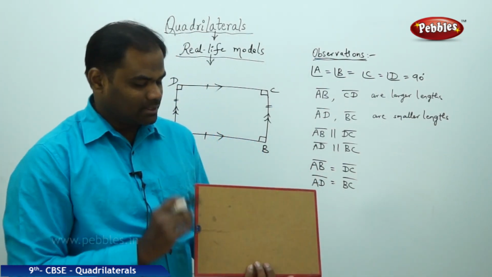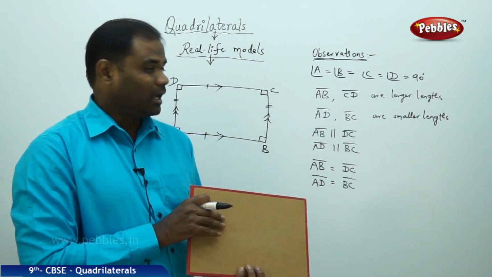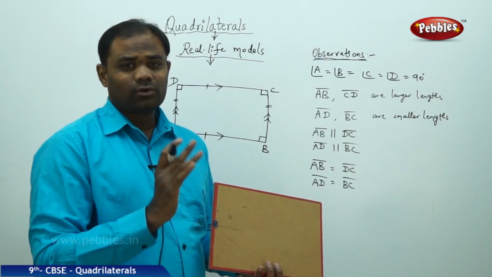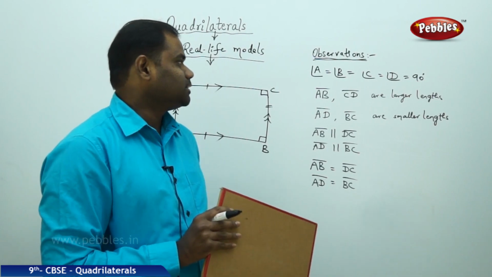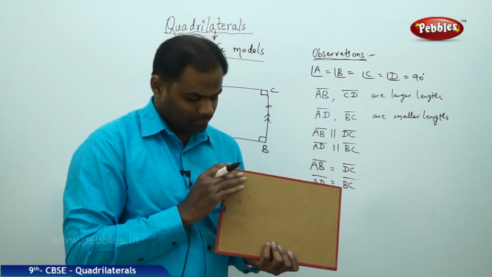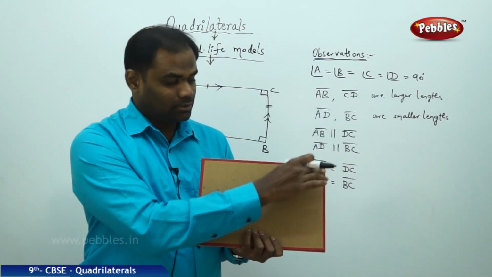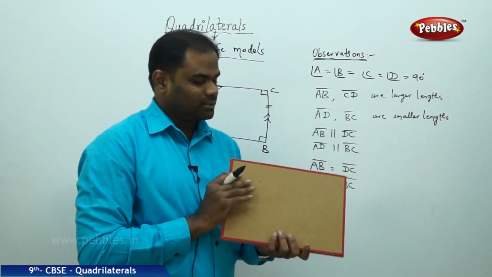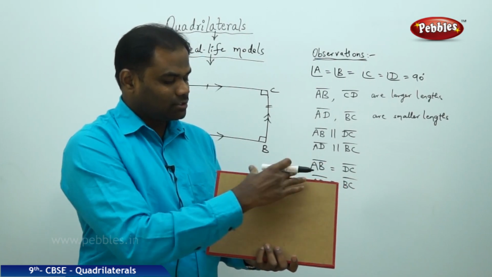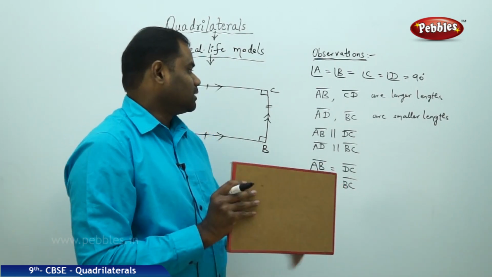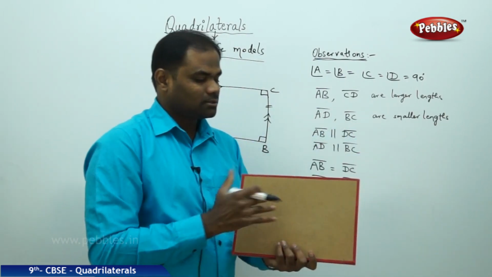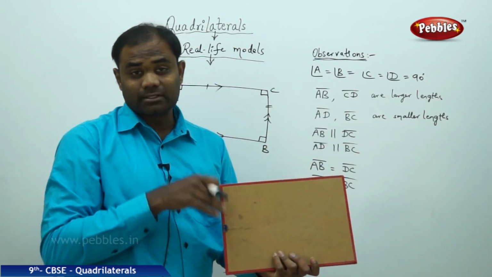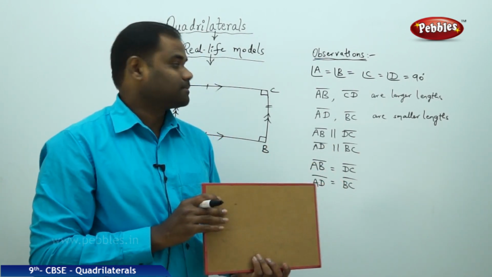So finally, I see that this frame has four specific geometric properties: each angle being 90, and AB and CD are larger lengths, while the other two, AD and BC, are smaller lengths.